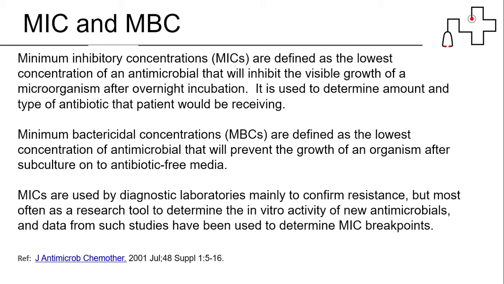Similarly, MBC, the minimum bactericidal concentration, is defined as the lowest concentration of antimicrobial agent that will prevent the growth of an organism after subculture onto antibiotic-free media. Basically, these are the minimum concentrations required to kill the bacteria. So MIC is the lowest concentration required to inhibit the bacteria, and MBC is the lowest concentration required to kill the bacteria.